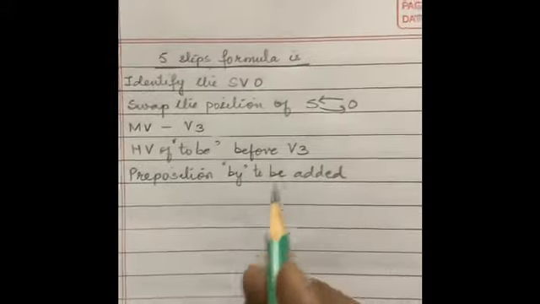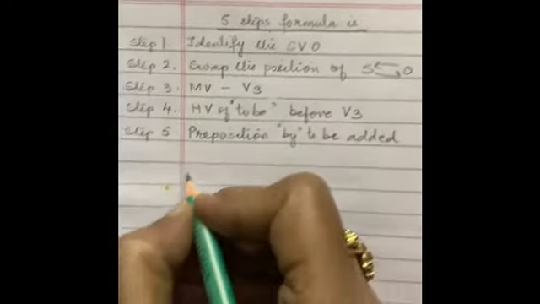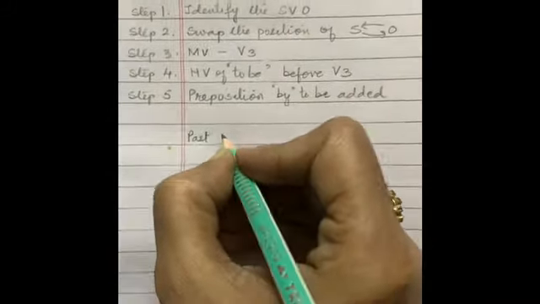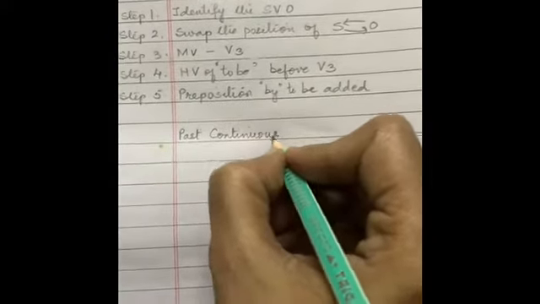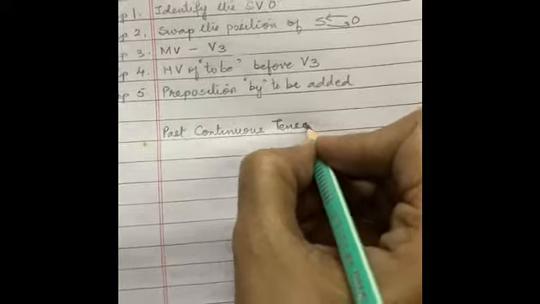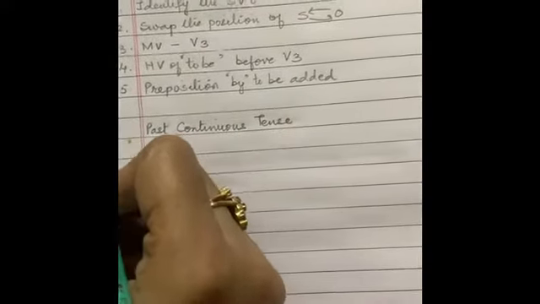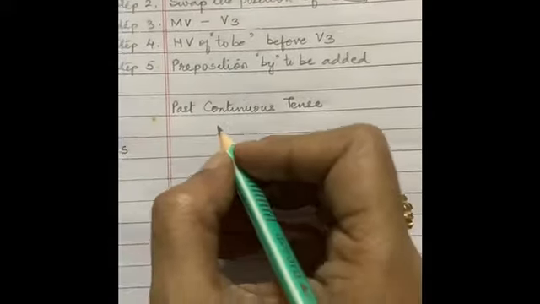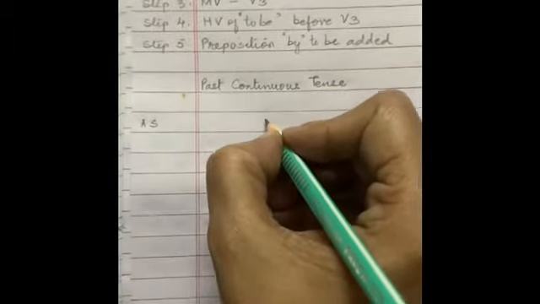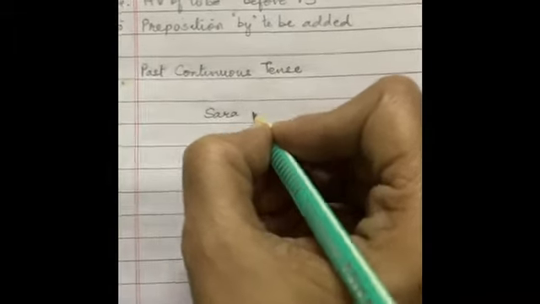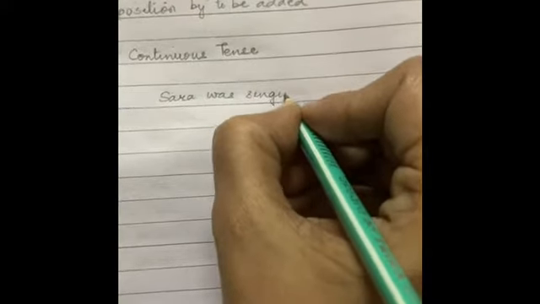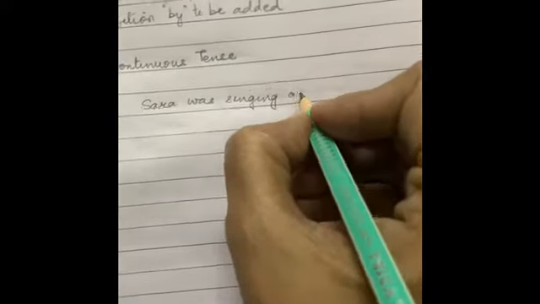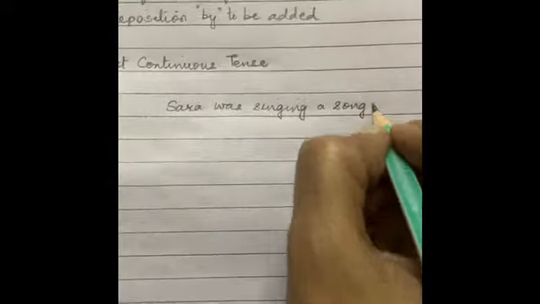Okay, now let's see an example of past continuous tense. Now, active sentence: Sarah was singing a song.